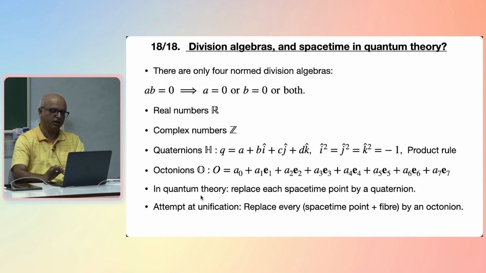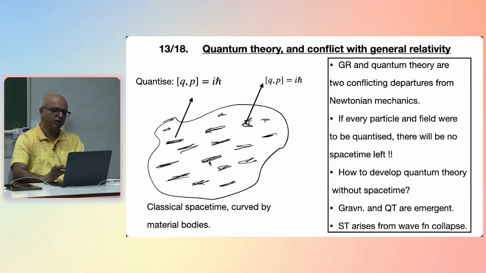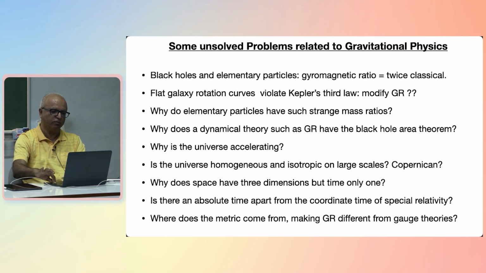So, yesterday we were talking here that in quantum theory we want to replace each point by an operator, or by a non-commuting number.